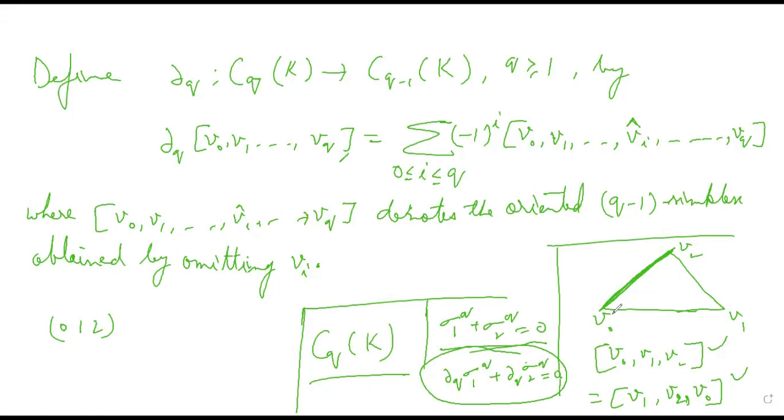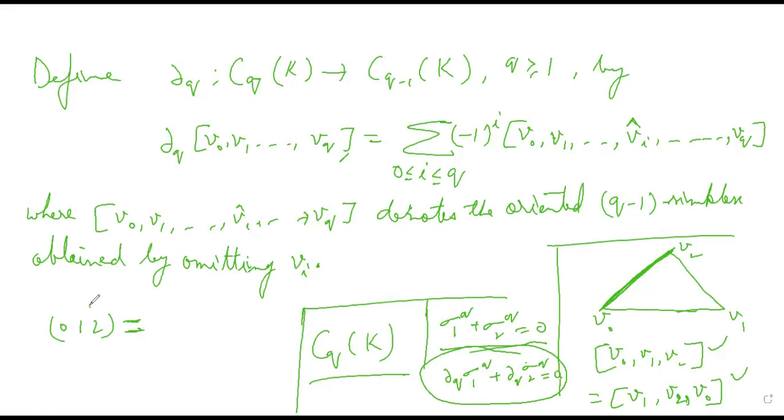This is a product of two transpositions, so basically this is an even permutation.